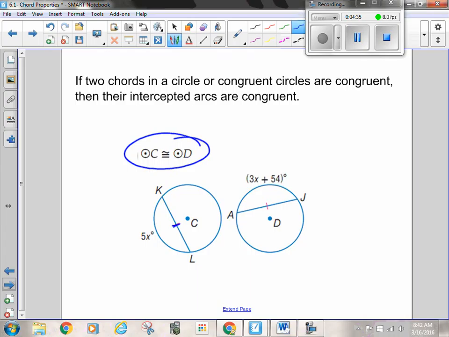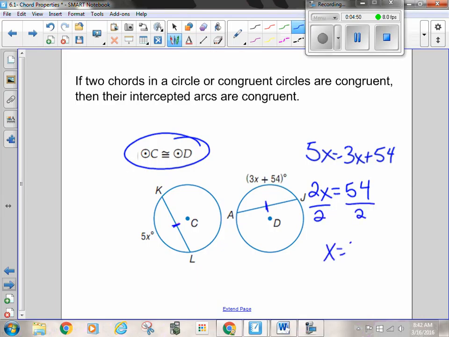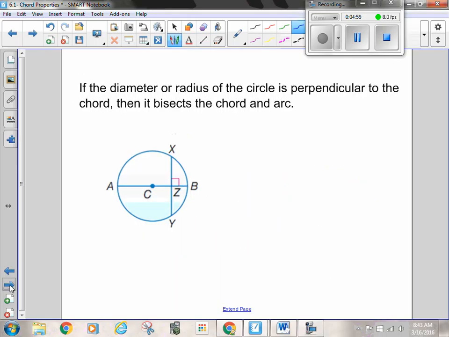They're marked congruent here and here. So that means these two are equal. So I can say 5x equals 3x plus 54. I can subtract over my 3x, divide both sides by 2, so x equals 27. Because I know my arcs are congruent based on my circles being congruent.